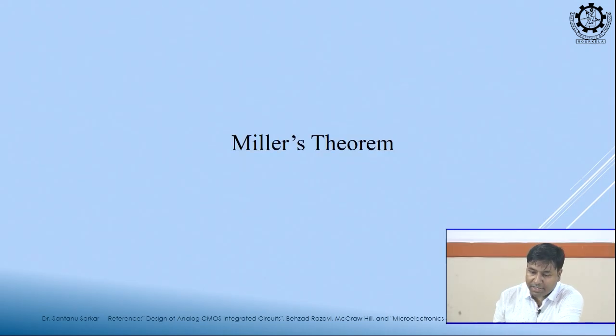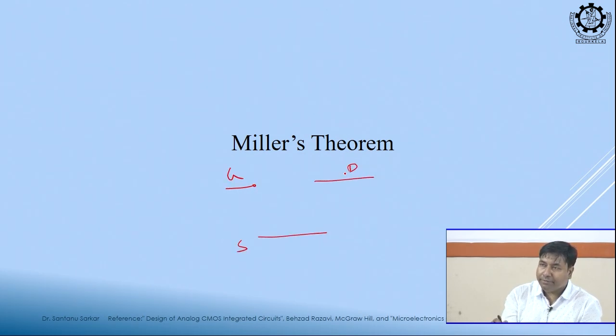Now, we will discuss Miller's theorem. Have you heard this theorem before? No. Okay. So, suppose when we do a two port network, suppose this is our gate, this is our source, this is our drain, right. So, input to output generally we do not have any connections, right.